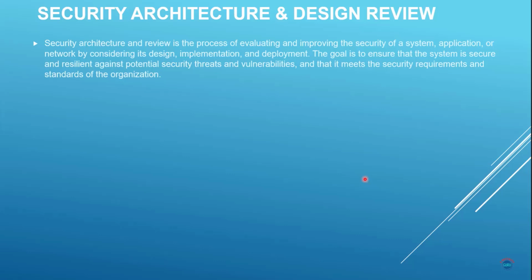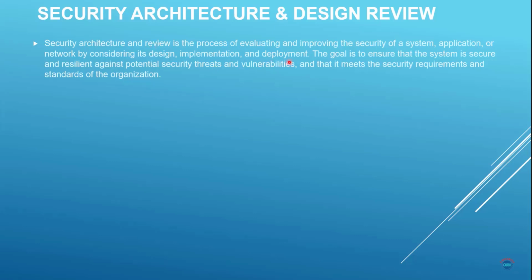So, in order to perform a security architecture and review, as a security engineer, we will have to review the current processes related to application designing, application deployment, and application implementation.